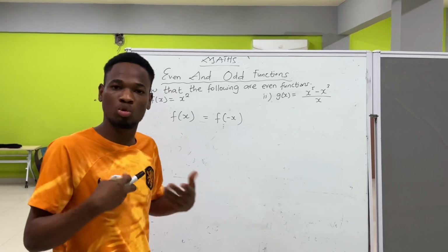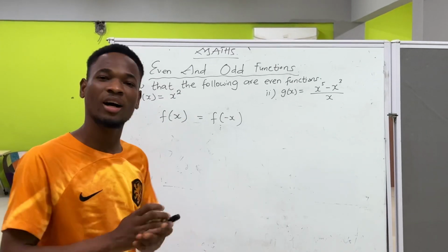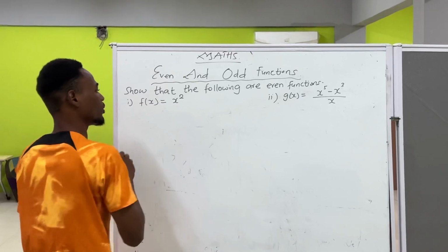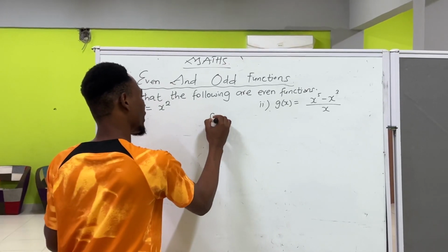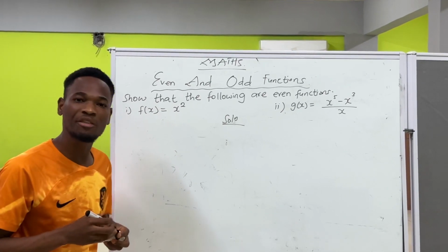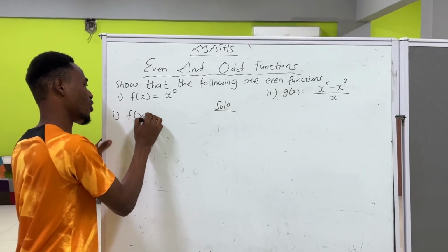So let's see how to apply these principles in solving these questions. So I have my solution over here. I say show that the following are even functions. I, f of x.